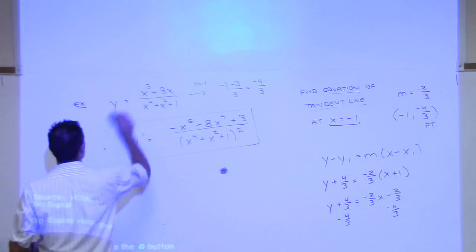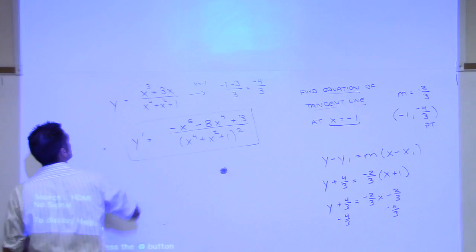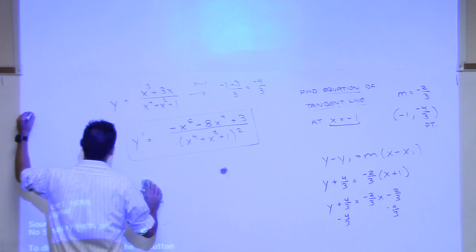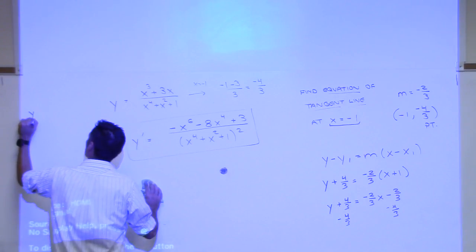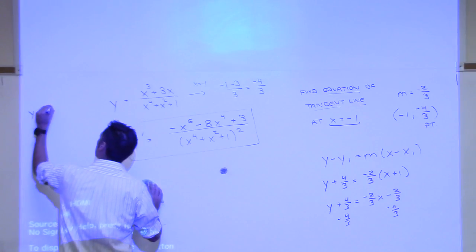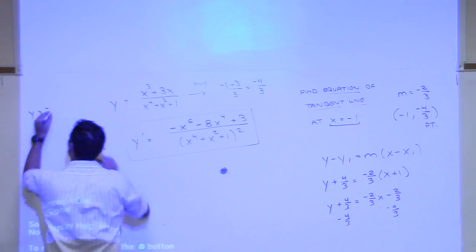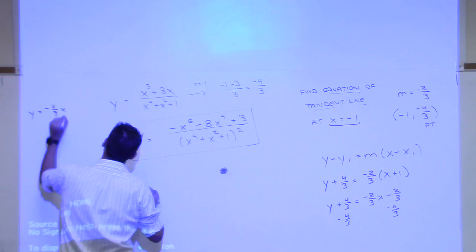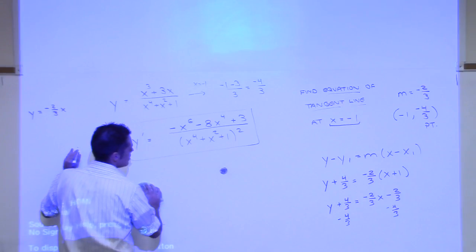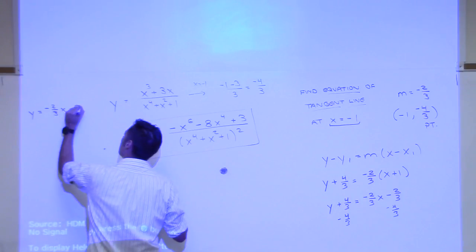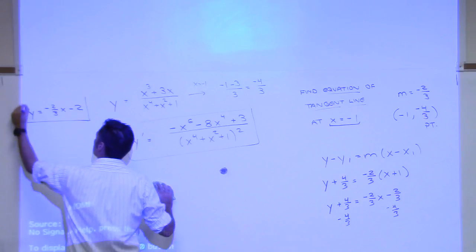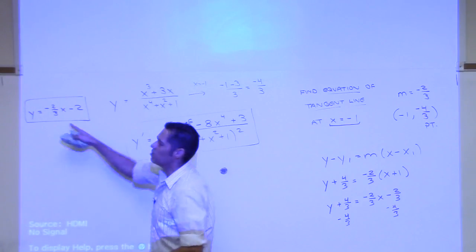The equation of this tangent line is y equals -2/3 x, what? Minus 2, because it becomes -6/3, right? That is the equation of the tangent line.